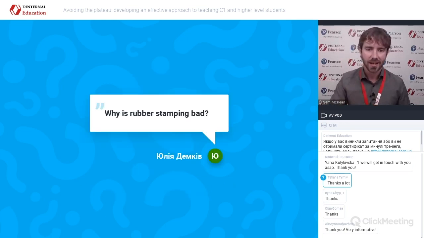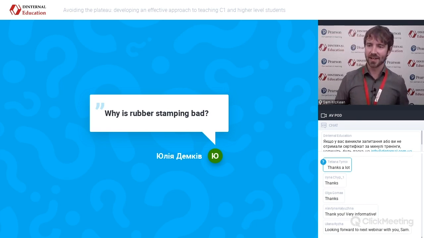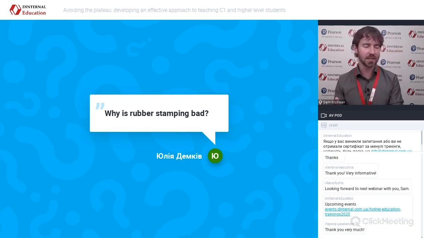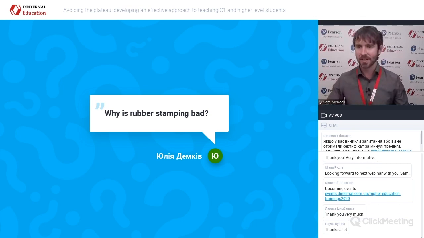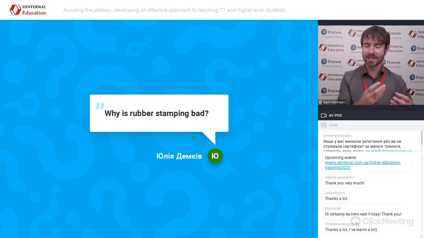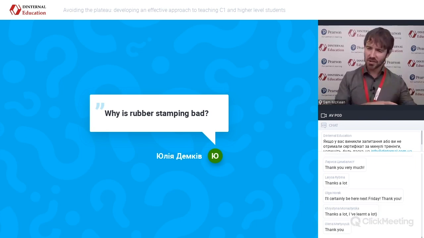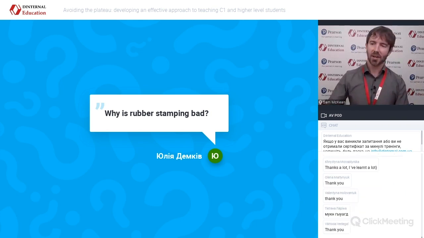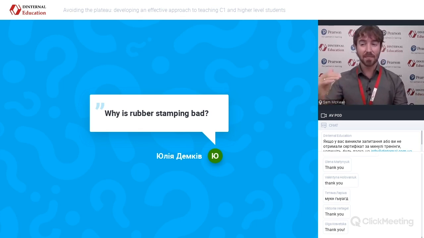So why is rubber stamping bad? Of course, sometimes if we're short of time at the end of a lesson, it's okay to immediately confirm that a student's answer is correct. And with some students, they need to hear immediately that their answer is correct. But for other students that we know have more potential, we don't want to immediately confirm their answer is correct if there is the possibility to push them a bit more.